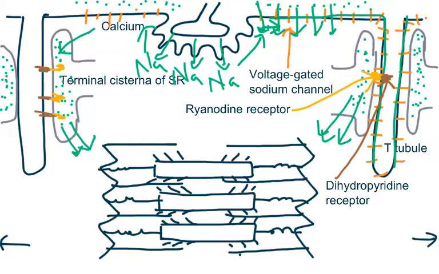It allows sodium to come into the cell, changes the voltage. The sodium diffuses to the neighboring areas around and opens voltage-gated sodium channels.